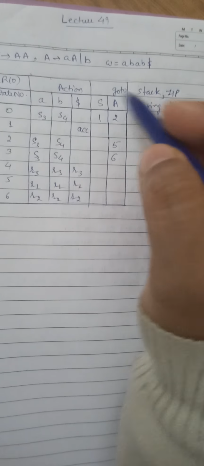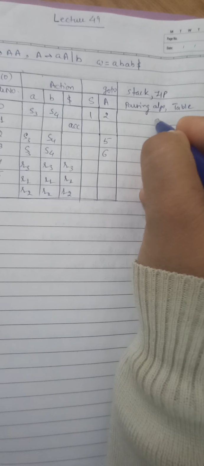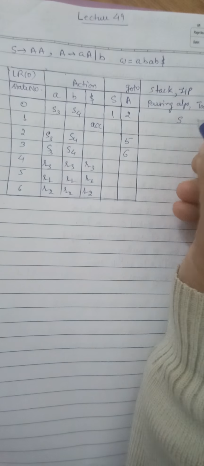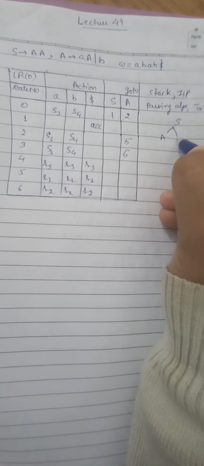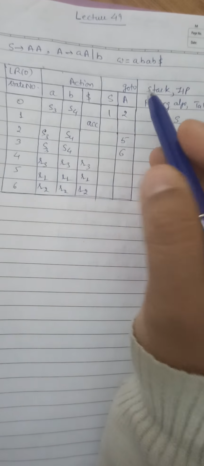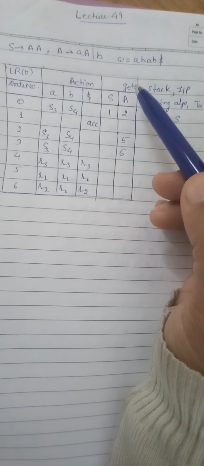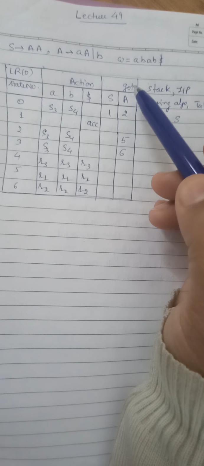So how to get this? First we go like this. S is the start symbol, and from here you can take A. After that, what is required? AB is required.